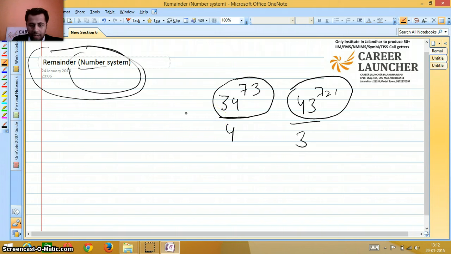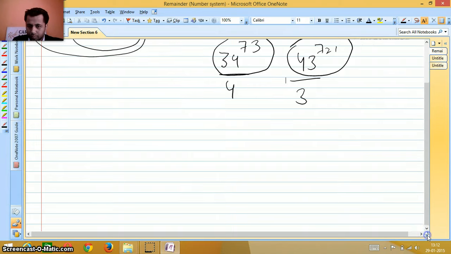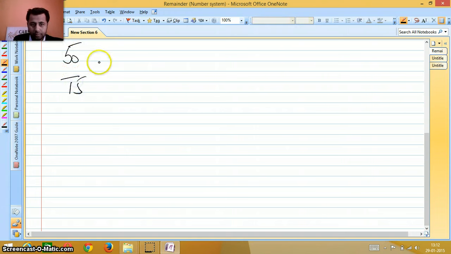To understand this type of questions, we need to understand the basic rule of division, right? Now, what is the remainder when 50 is divided with 15? Pretty simple. The remainder is 5. When 17 is divided with 15, the remainder is 2.